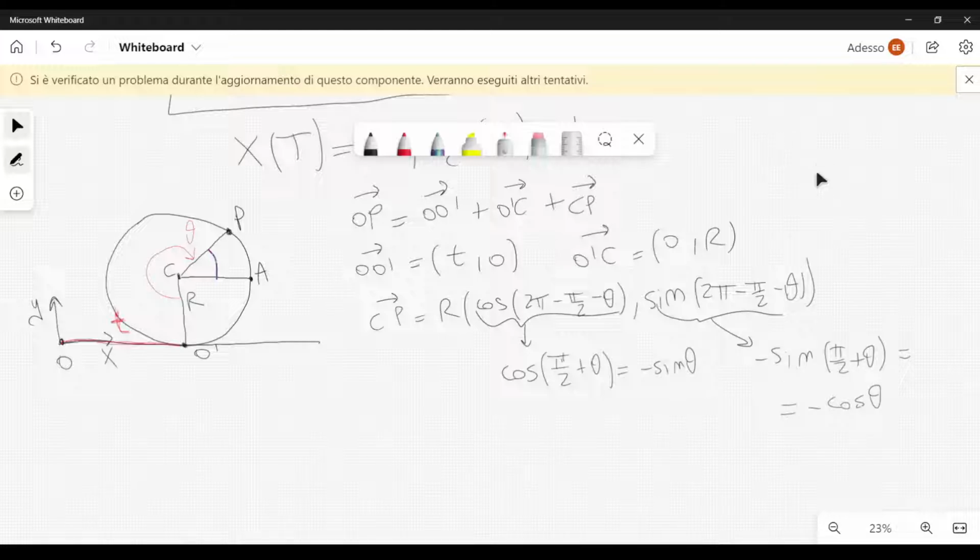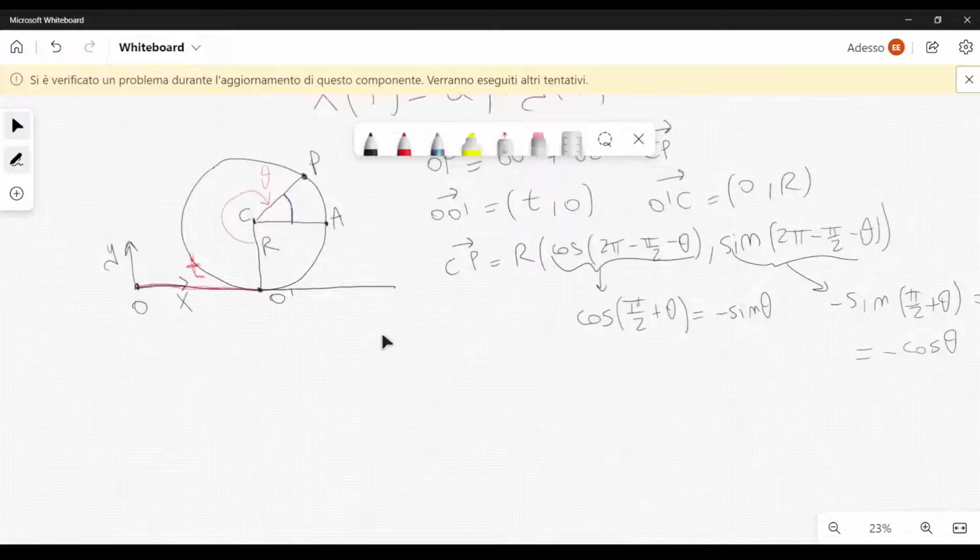Now, if you put those together, and together with the fact that t is equal to the angle theta times r, because this length here will coincide with the length that we have on this circle here.